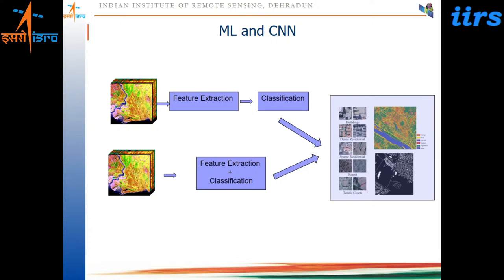So this slide is basically providing you that information: in case of a machine learning based classification scheme which is being applied, you as a user or as a developer basically have to define the features which are expected to be present in an image.